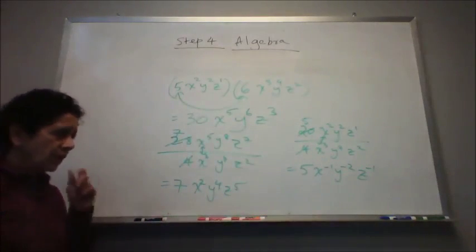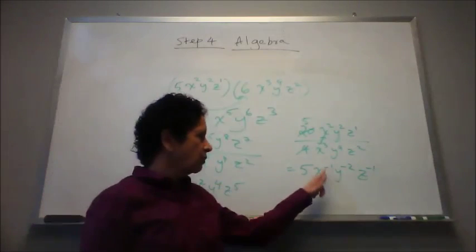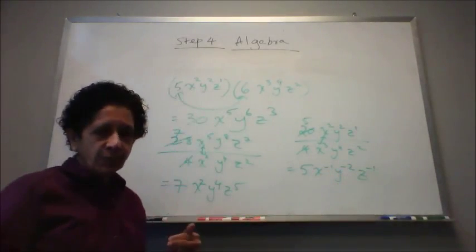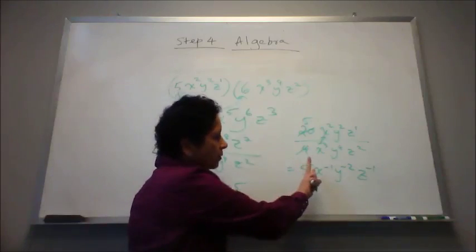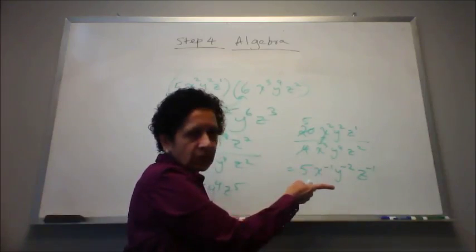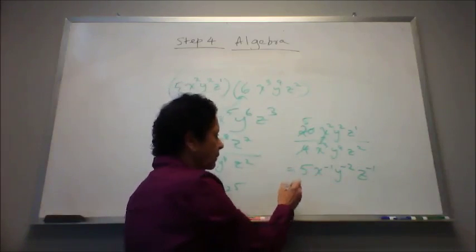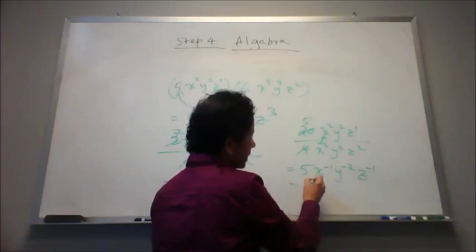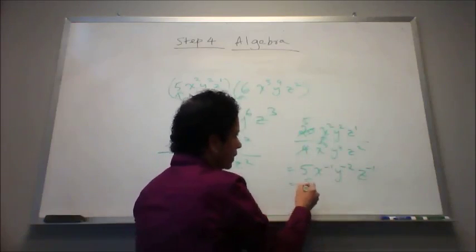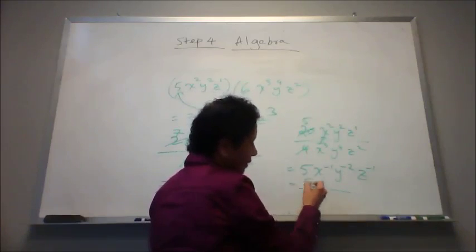And generally, in the answers, we do not write negative exponents. We always write positive exponents. So you know that when you flip the exponent, it changes its sign, right? We did that in step 1. So you can write that as 5, and then x to the minus 1, I can bring it down, and it'll become plus 1, right?